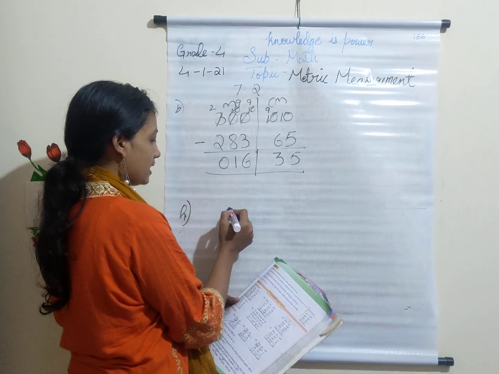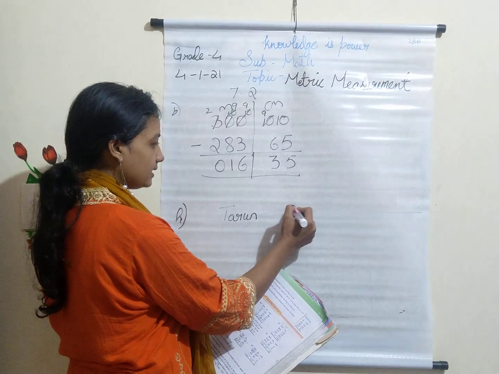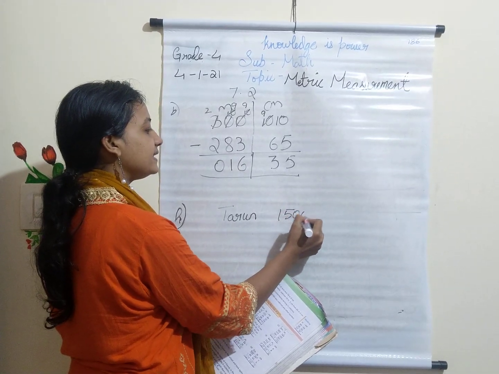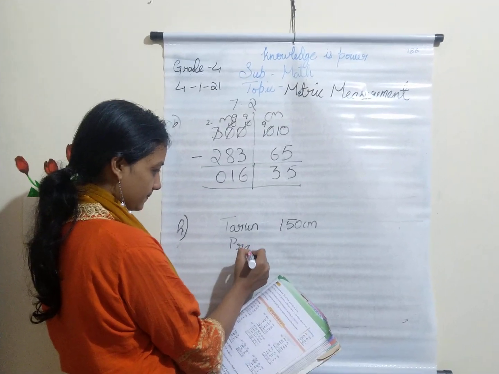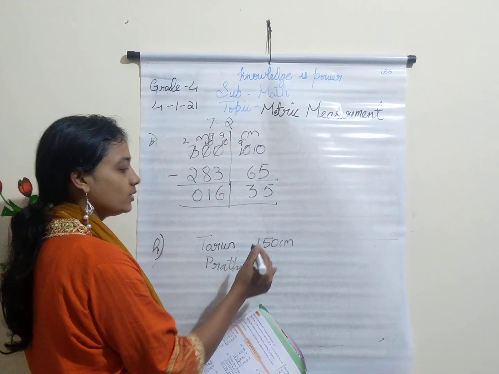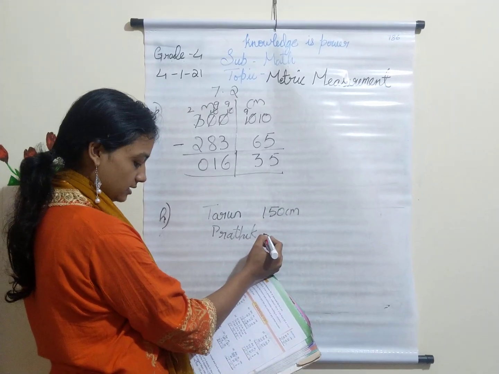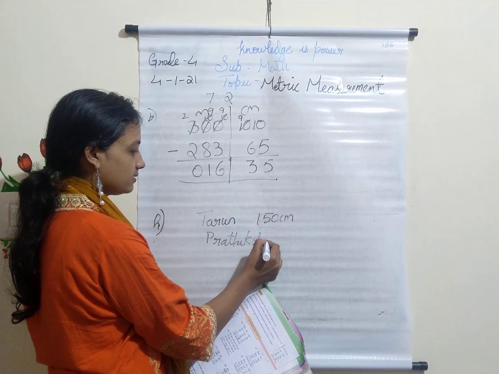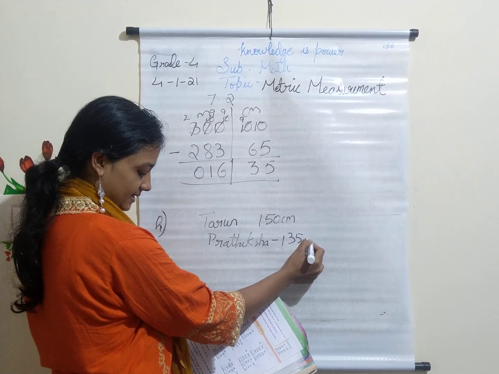So I write Tarun. What is the height of Tarun? It is 550 centimeters. Sorry, it is 150 centimeters. The next is Pratiksha. It is equal to 135 centimeter.